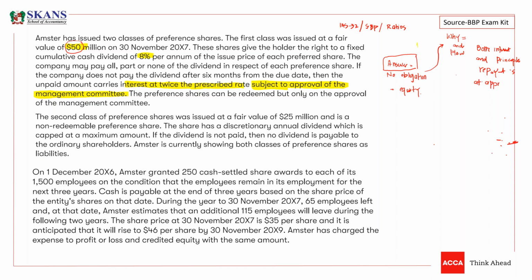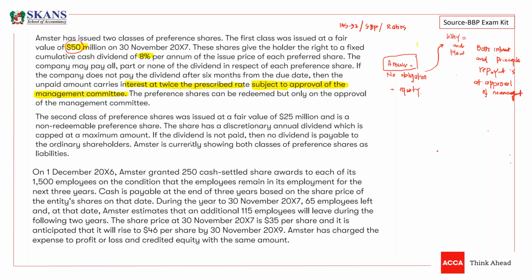So this is the line: at approval of management committee. No one can ask management to pay this amount. So it means this is equity. So it should be treated as equity.